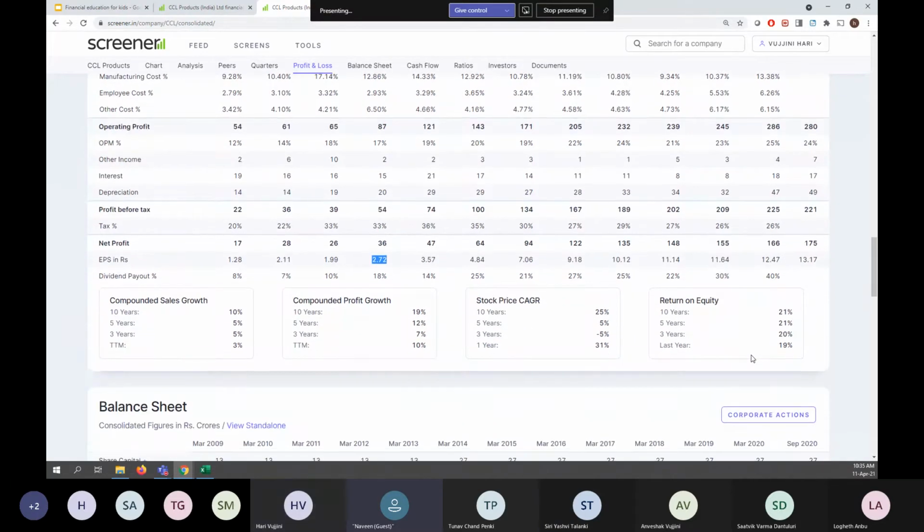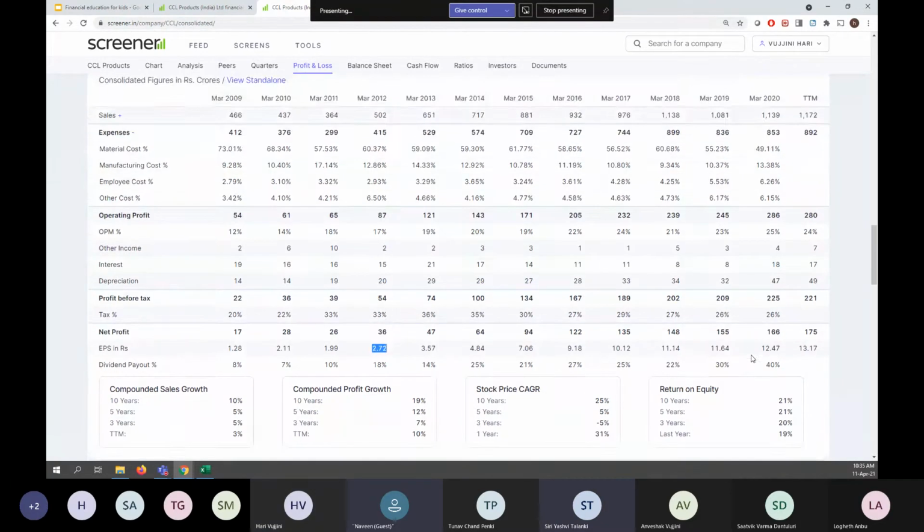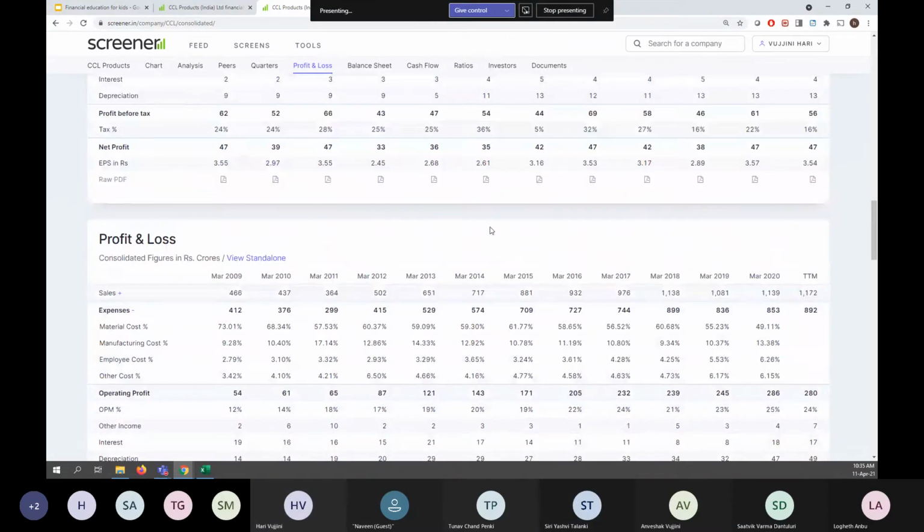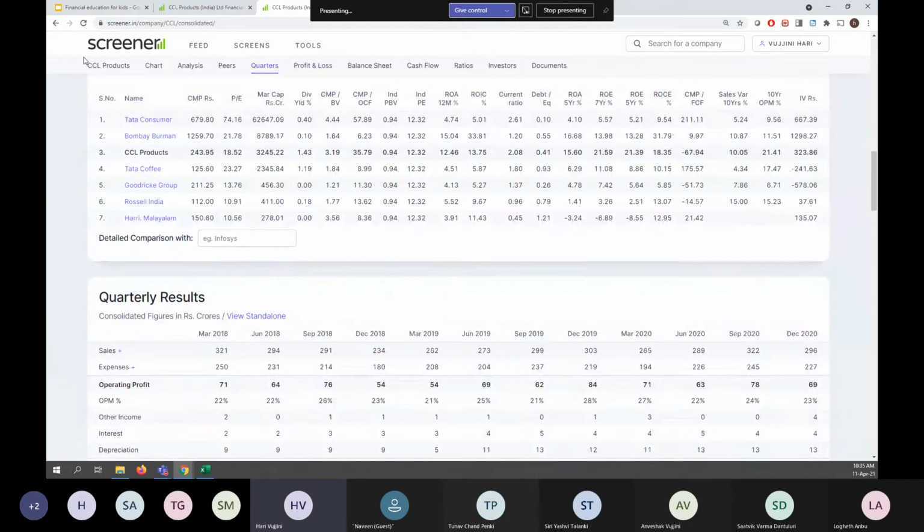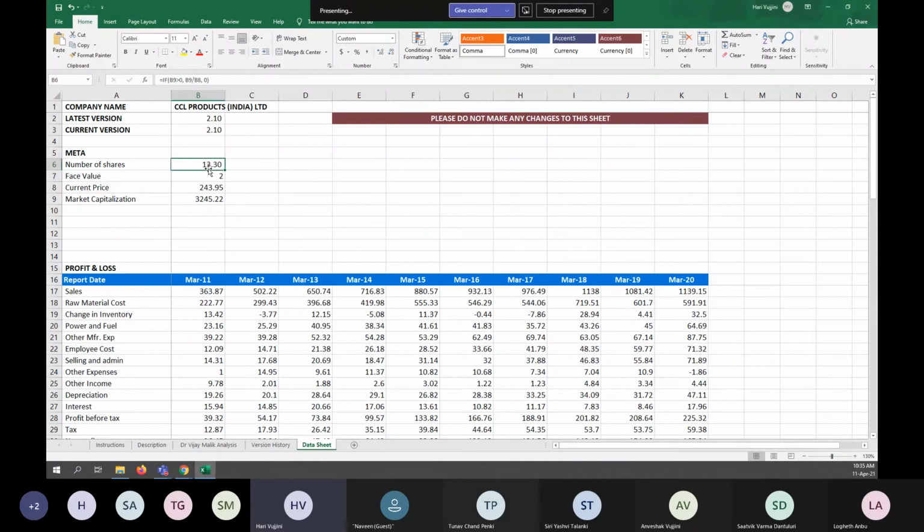Can you please explain earnings per share again? I don't think I caught it. Okay, sure. So for this company, Continental Coffee, for this CCL products, they have 13.30 million outstanding shares.